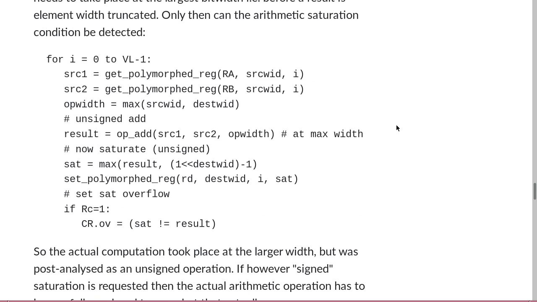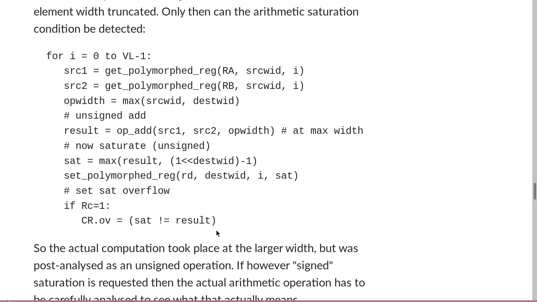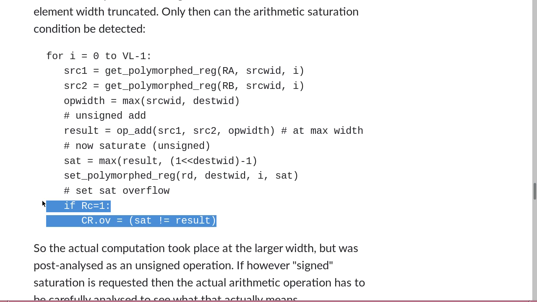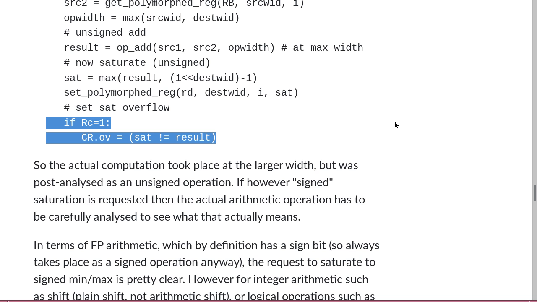And this is one of the modes that we can add, and we also decided to add that if RC equals 1, for condition registers, the overflow bit is set if saturation occurred. So that will occur on every single element. So you'll get an indicator of whether each element, and which ones, overflowed due to saturation, whereas in VSX you get a general indication that there was an overflow somewhere in one of the results.